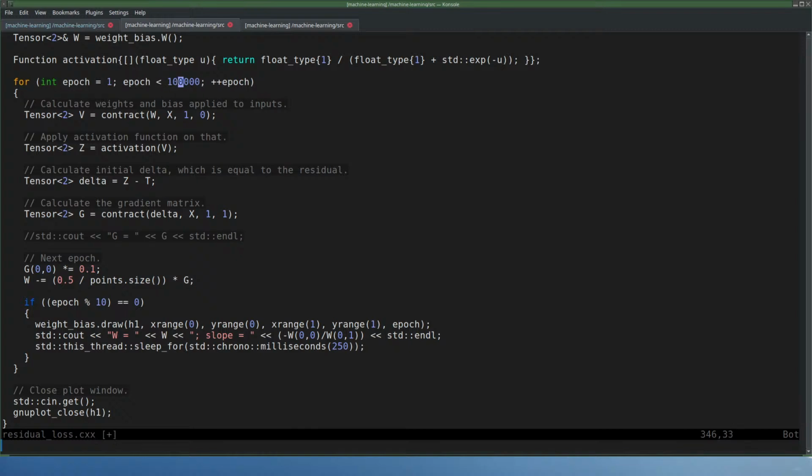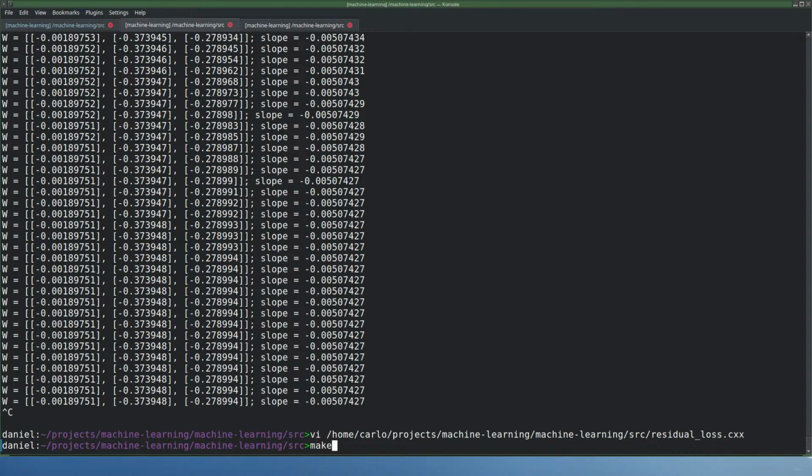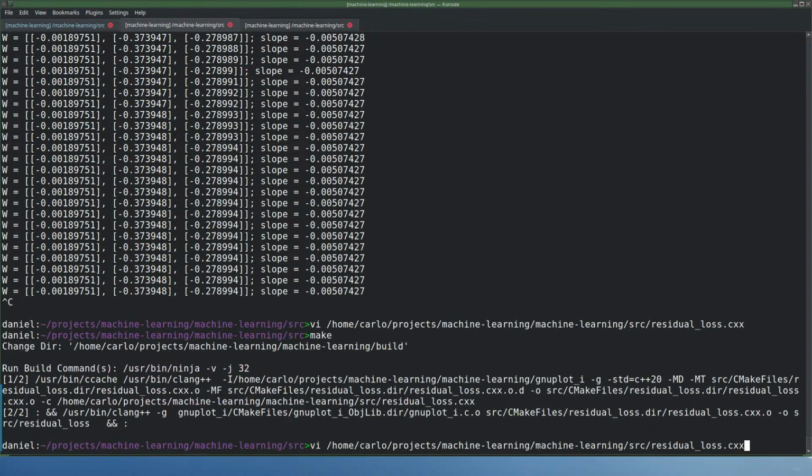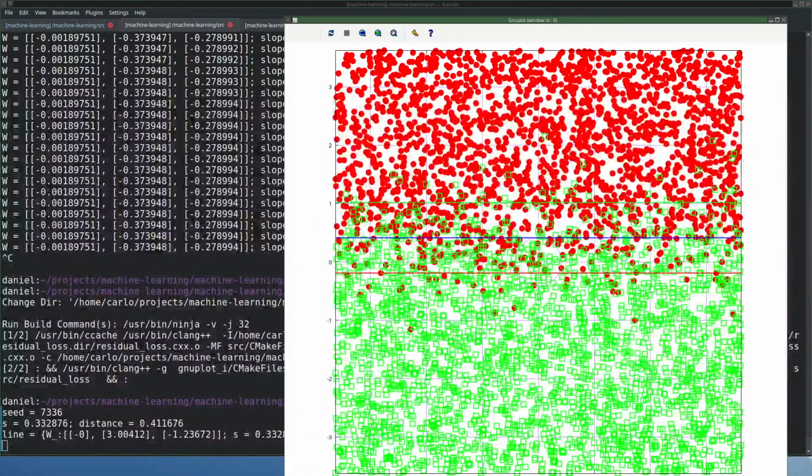Let me just do 10 epochs and then wait. Not too much cluttering. Yeah, you see.